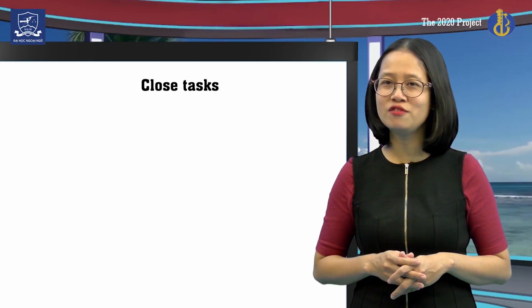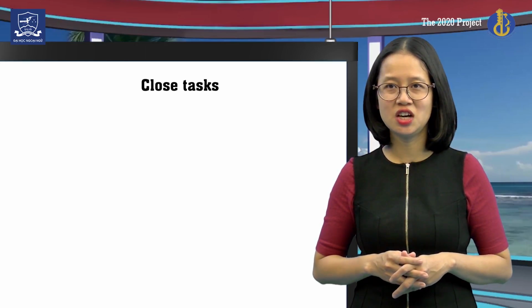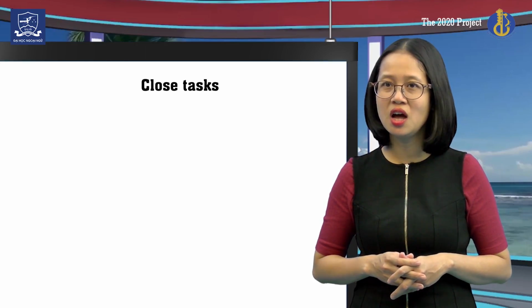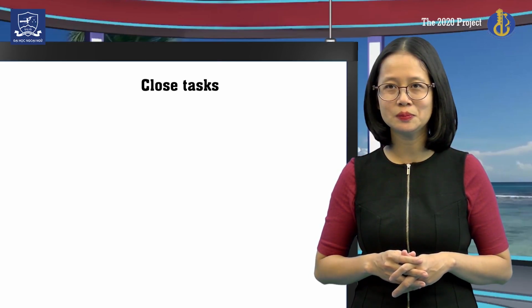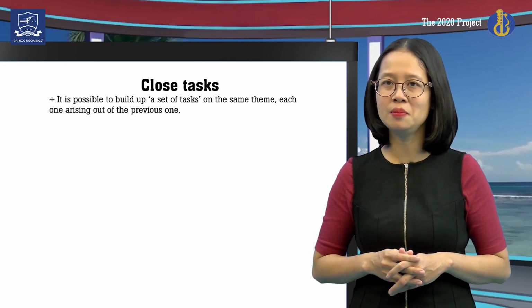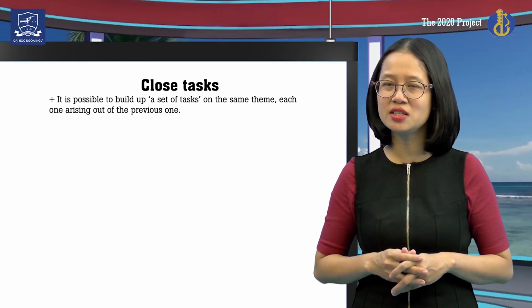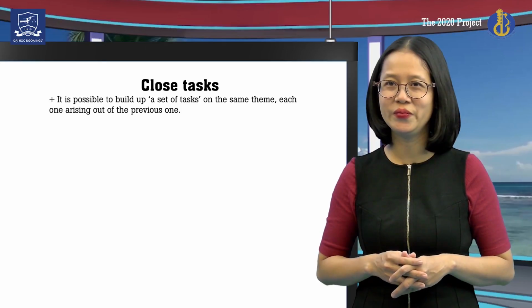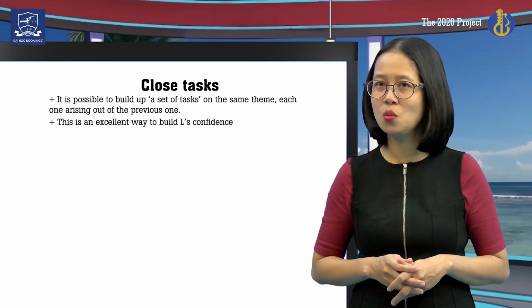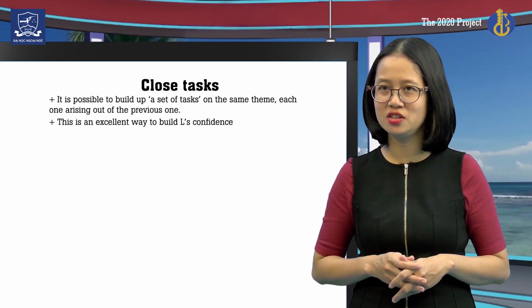We will by now have noticed that many of these tasks carry on the same themes as in previous tasks. It is possible to build up a set of tasks on the same theme, each one arising out of the previous one. This is an excellent way to build learners' confidence.